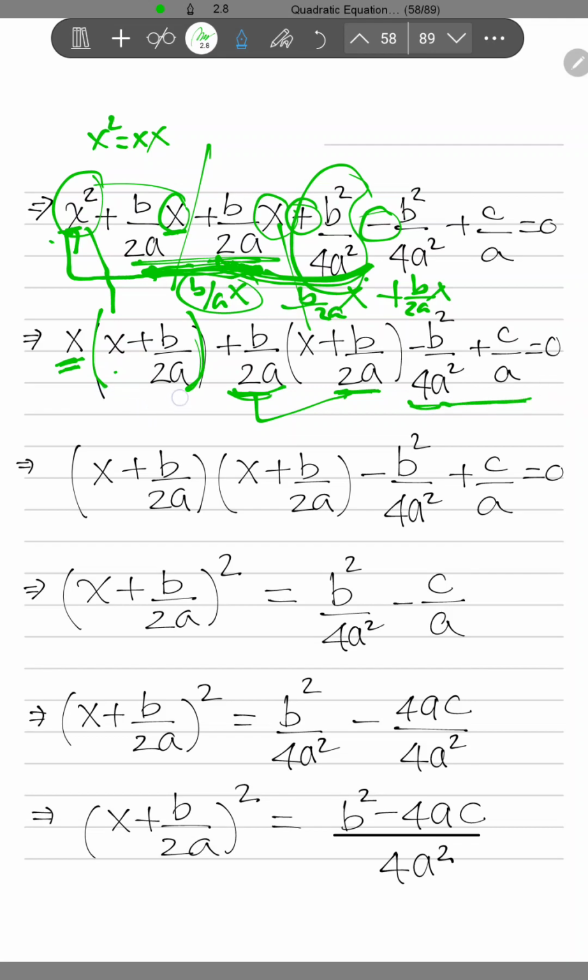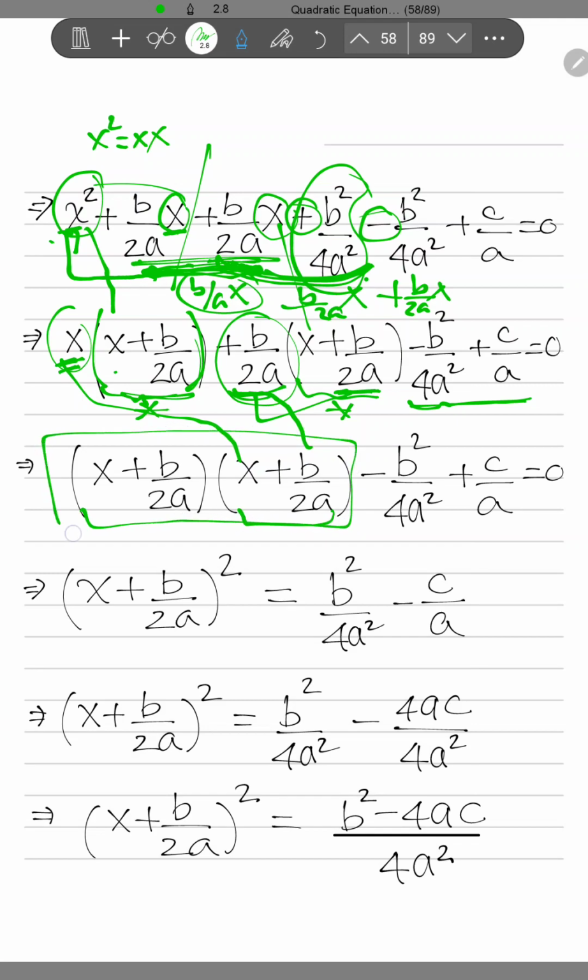Now one part is this one, the other part is this one. This and this are now the same. So we take x plus b over 2a as a common factor here. We will have 1 x here and 1 b over 2a here. Then it becomes this one.